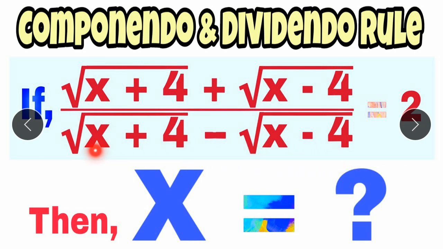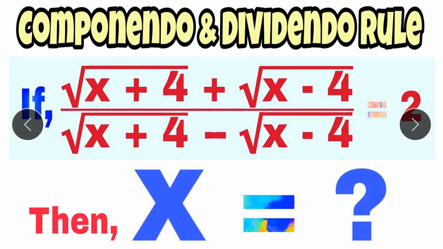Like here, this is being divided, and on this side it gets multiplied, then you go with the squaring process in order to eliminate the squares. Then there will be the need to apply a formula, and it will be a very lengthy process if you solve this type of fractional equation with the basic concepts of mathematics. But the theorem of componendo and dividendo will provide us an easy method to solve these types of fractional equations.